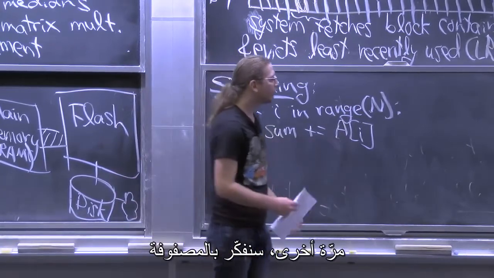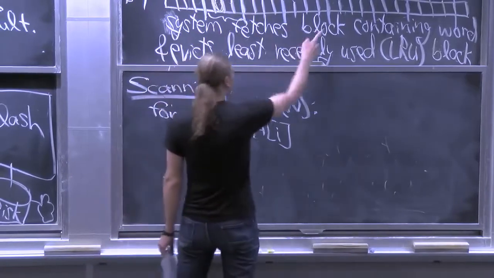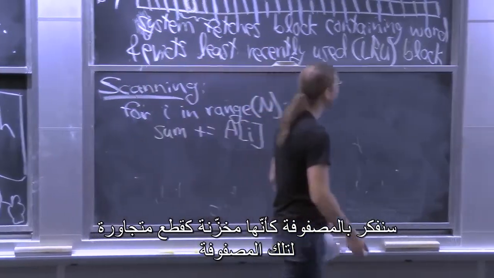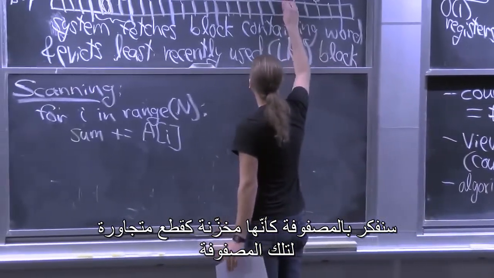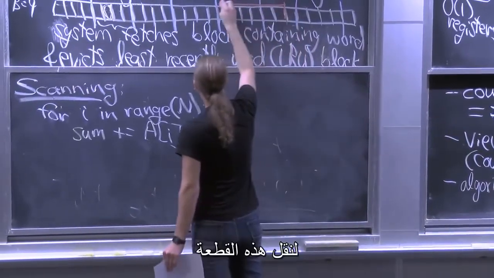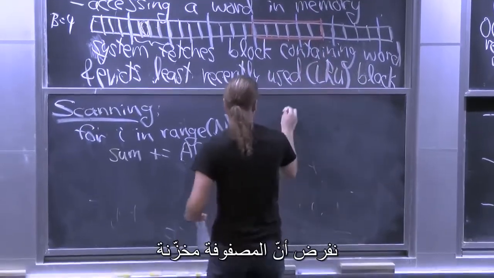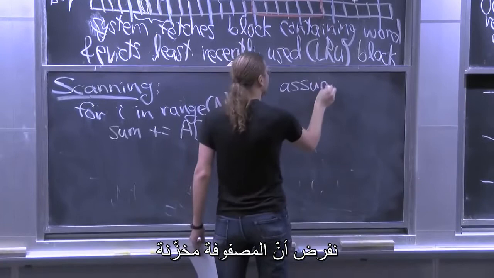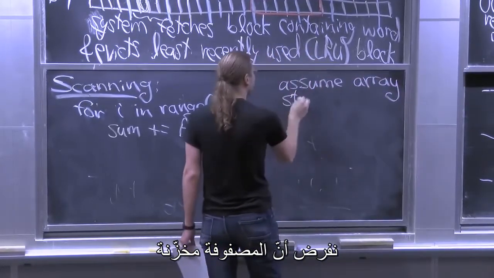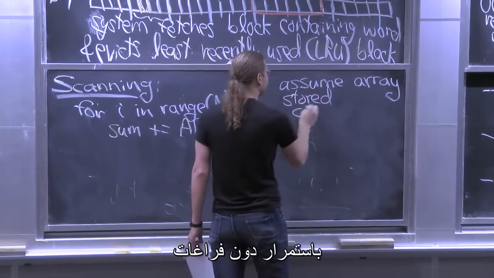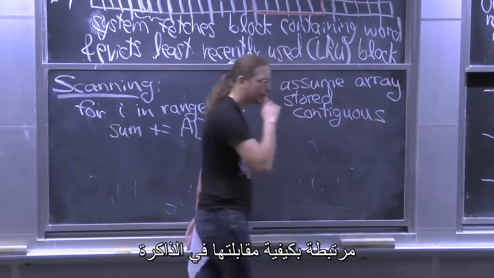Again, an array, we're going to think of, so here was my memory. We're going to think of the array as being stored as some contiguous segment of that memory. So this is important. Assume the array is stored contiguously, no holes, relative to how it's mapped onto memory.